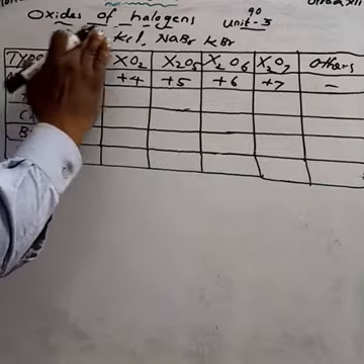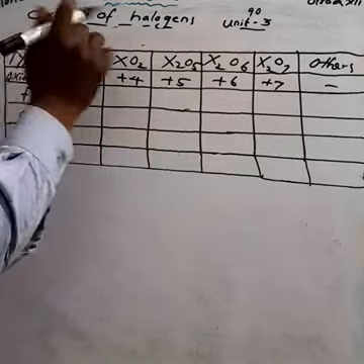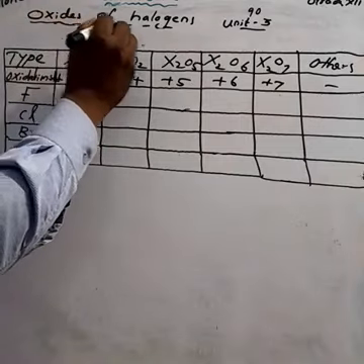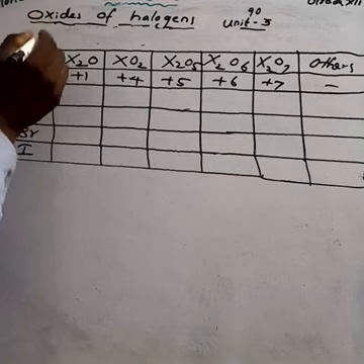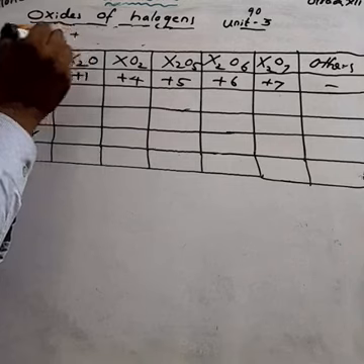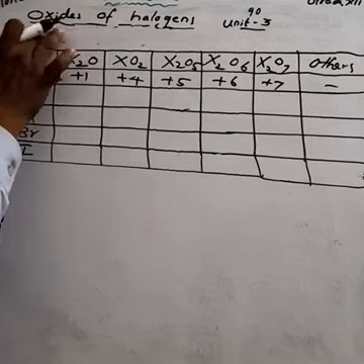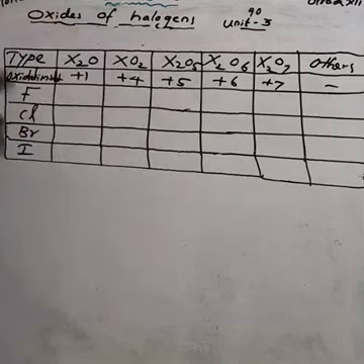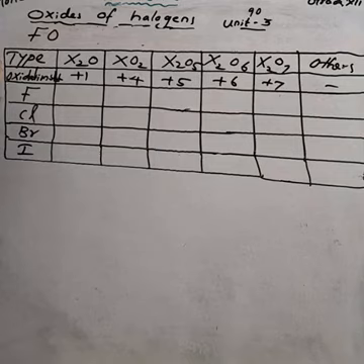Here, we are learning about the oxides of halogen. That is, a halogen combines with oxygen to form oxides of halogen. Fluorine reacts readily with oxygen to form difluorine oxide.